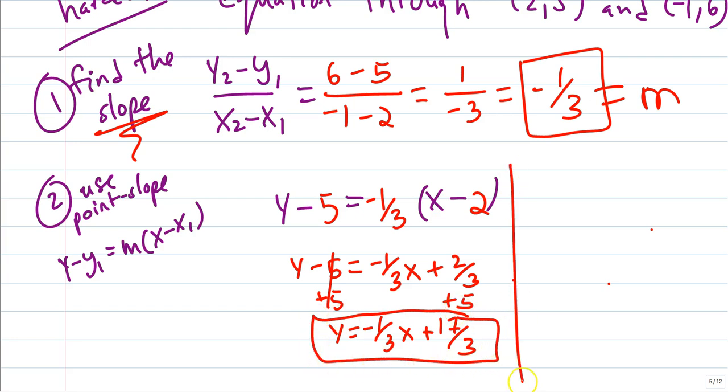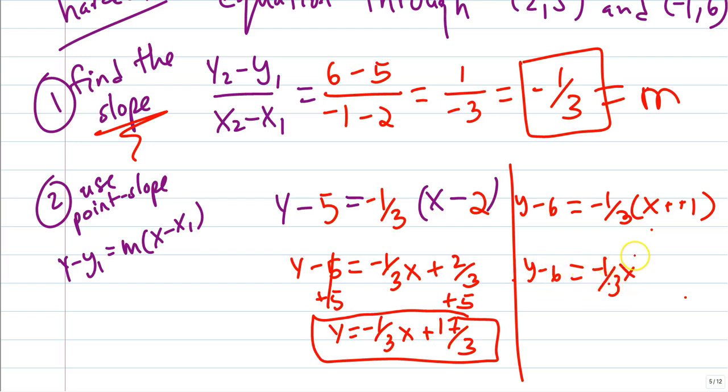Like I said, I would use the easiest of the 2 points. If I'd have used the other one, it would have been y minus 6 equals m, x minus -1 becomes plus 1. Once I distribute, y minus 6 is equal to -1/3 x minus 1/3.